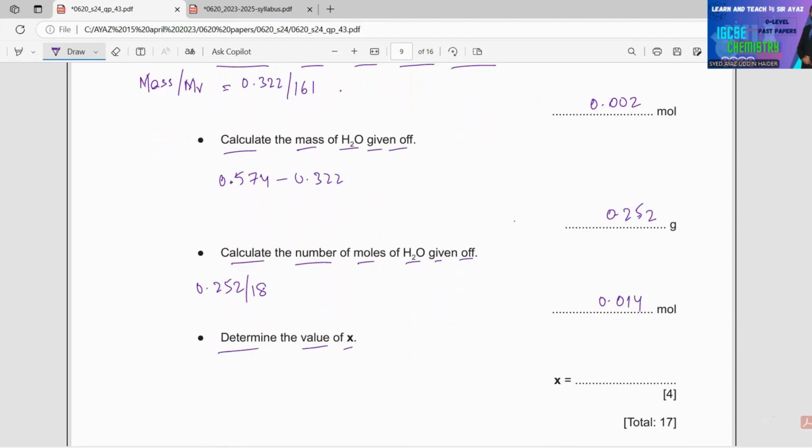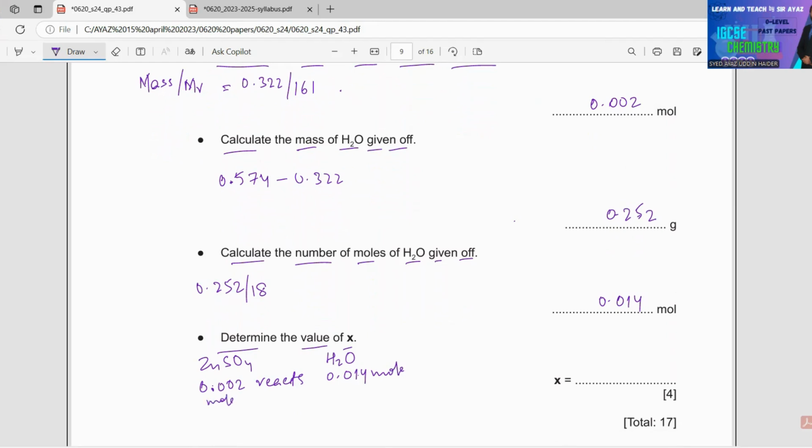Determine the value of X. Now we have the moles of ZnSO4 and the moles of water. So you write ZnSO4, 0.002, reacts with 0.014 mole of H2O.